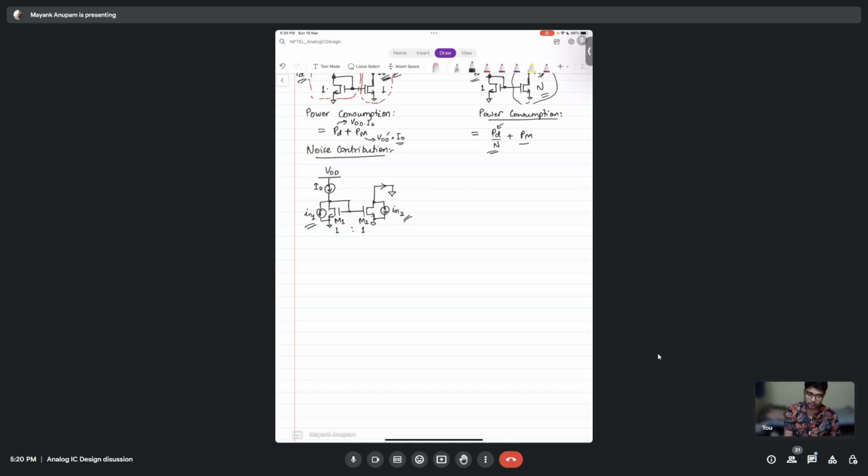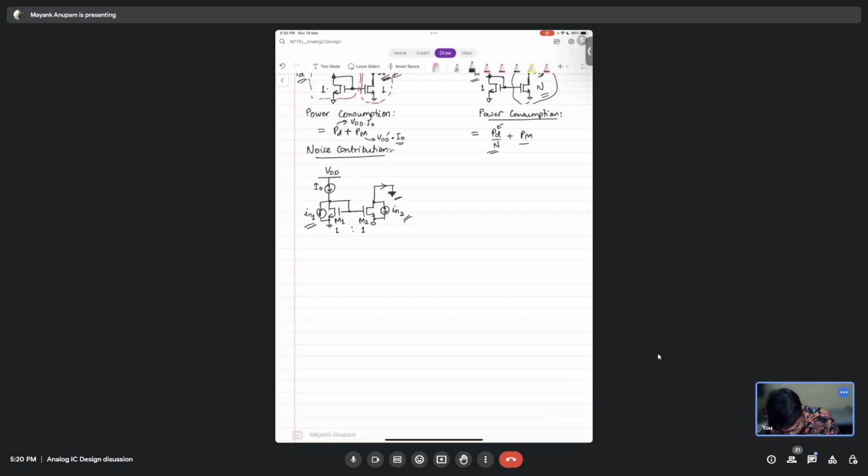I am only interested in the output current, right? I am not interested in the output voltage. So I can simply short it. Since it is shorted, the output voltage will be zero anyway, but we are not bothered about the output voltage. Our only interest is output current.